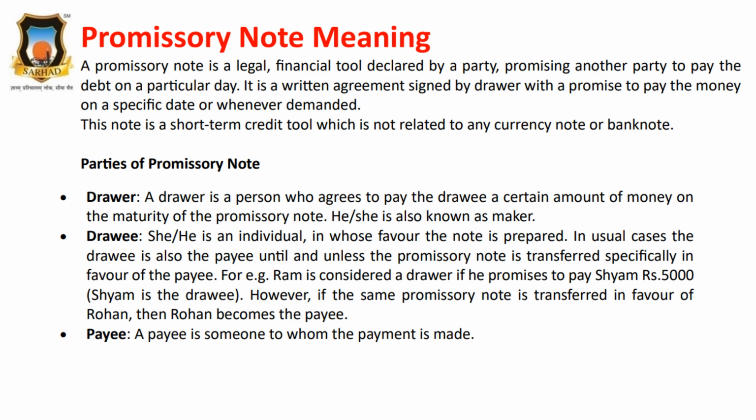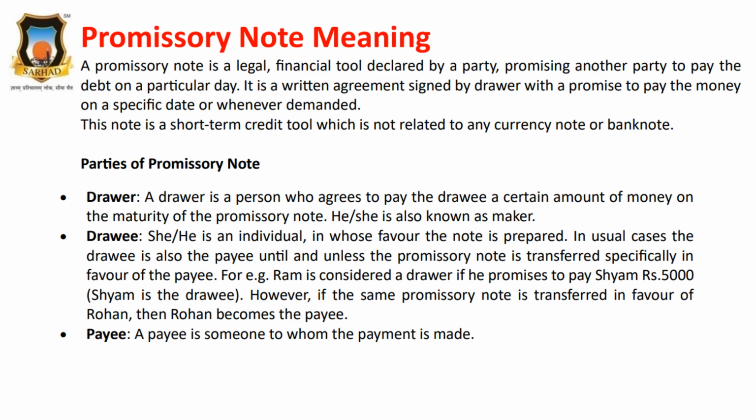Here the word is promise. It means someone is going to give you a promise to pay the money after some period. So what is the meaning of promissory note? And it is in writing. The word is promissory, it means giving the promise, and note means written note, which is on any page.